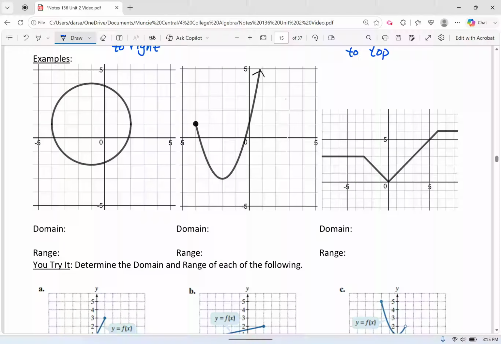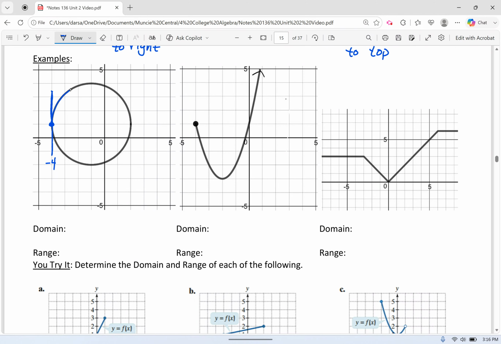So let's write our domain and our range here. What we're going to do is take your pencil and think vertical lines. What is the first time that we hit the graph? What is the x value at this very first place that we hit the graph from the left? Well, that x is -4.